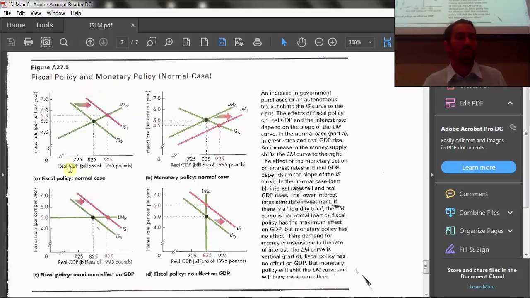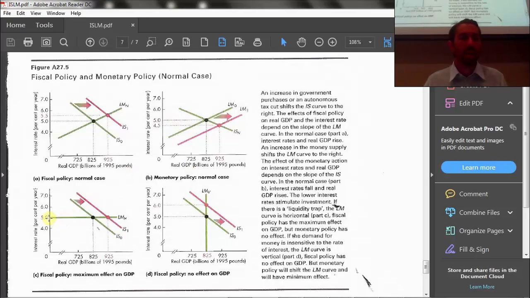So in the IS-LM, our fiscal policy, normal case, we increase government spending. We have both an increase in output and an increase in interest rates. Alternatively, we have expansionary monetary policy, so our LM curve shifts to the right. We have an increase in output and an increase in interest rates. Okay?